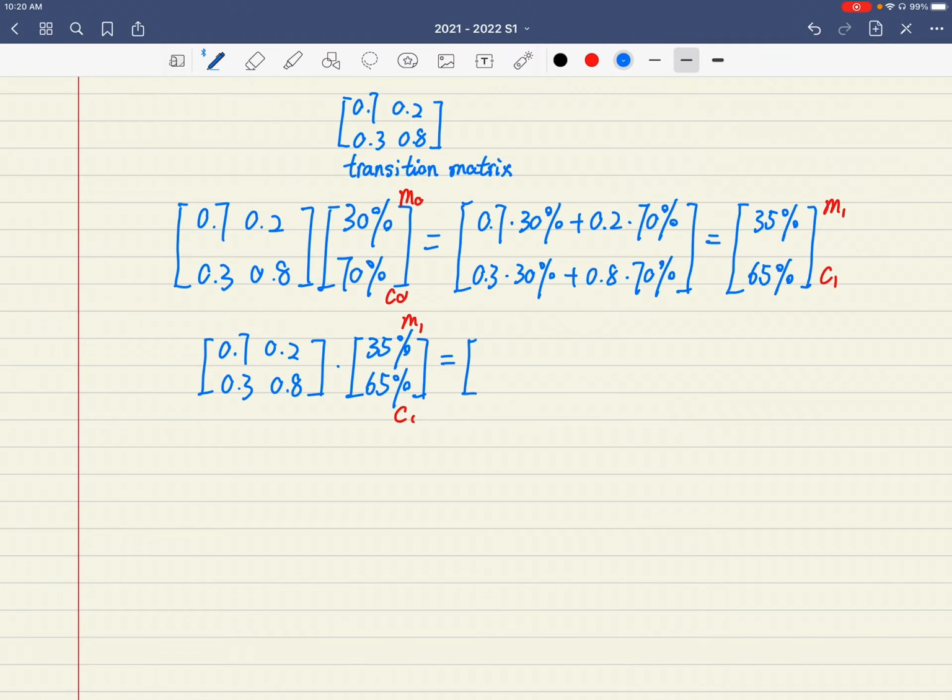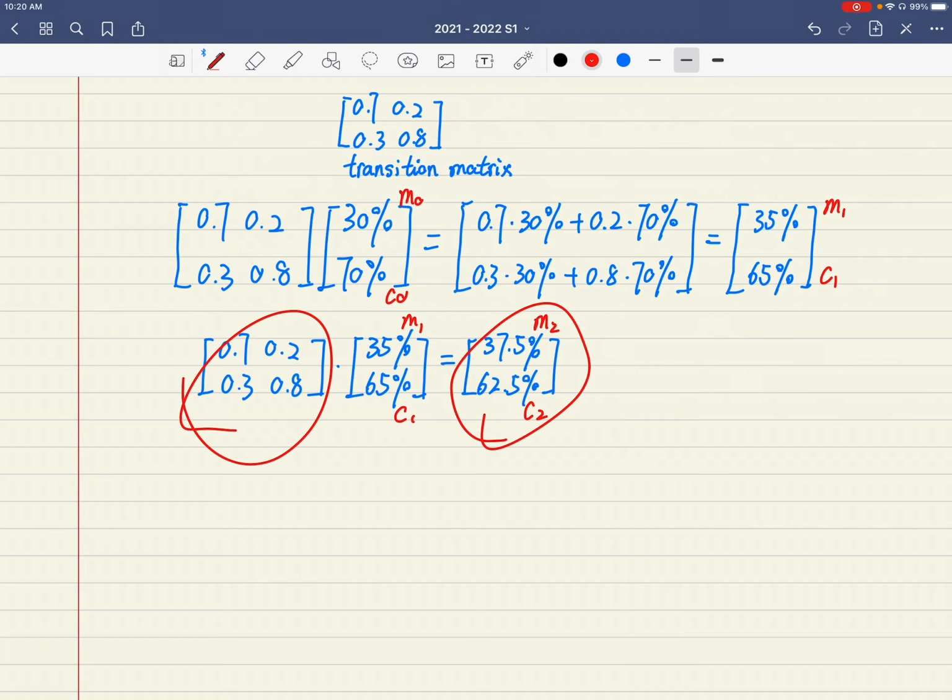It is 37.5%, this is M2, and 62.5%, this is C2. So this will be the case in year 2. In year 3, you just do the same thing. You multiply this by the transition matrix, you get year 3. So that will be for this question.